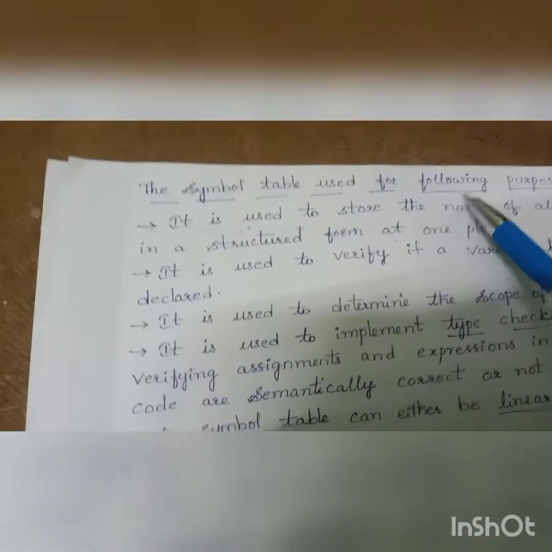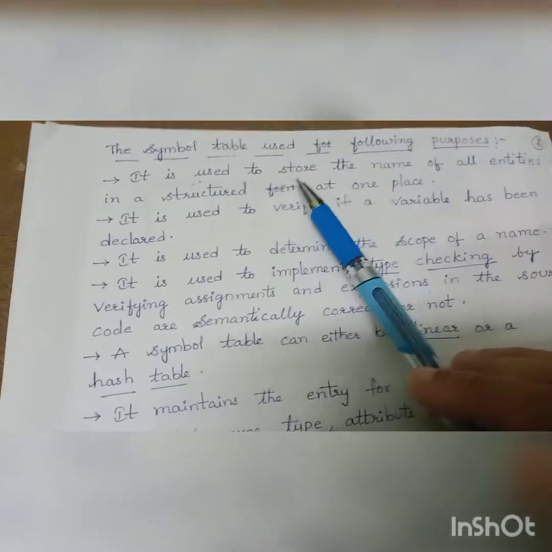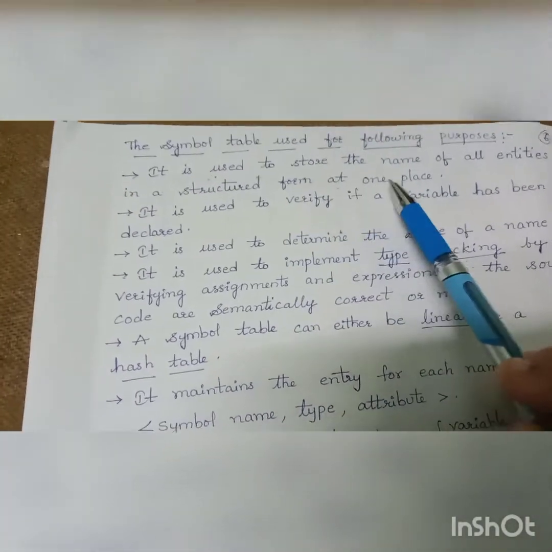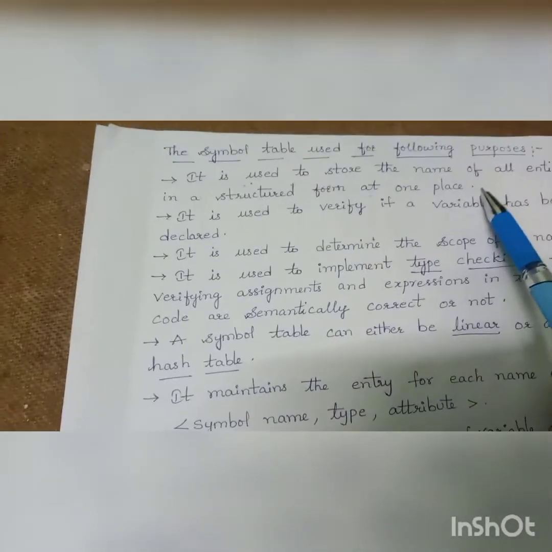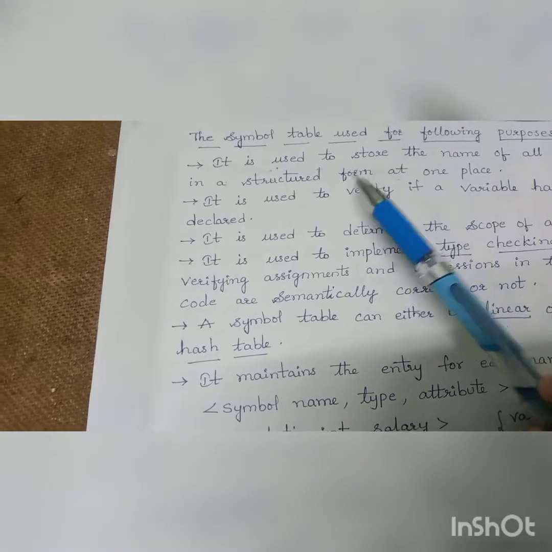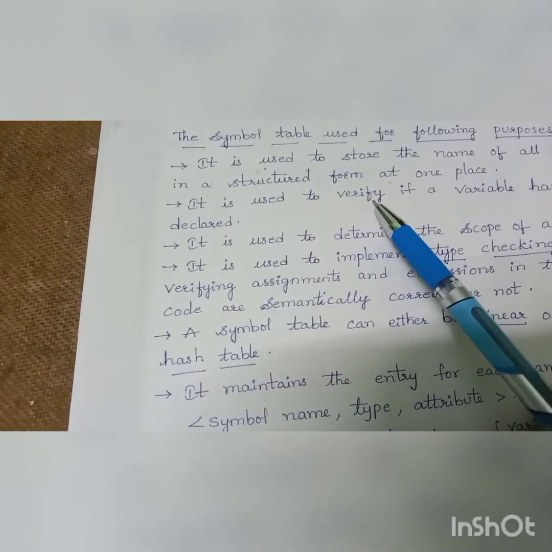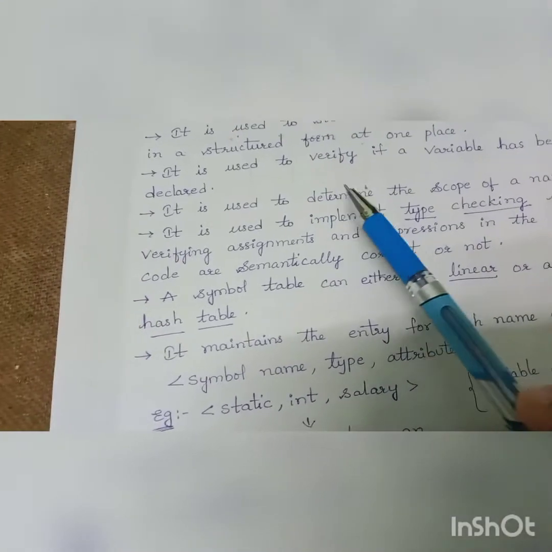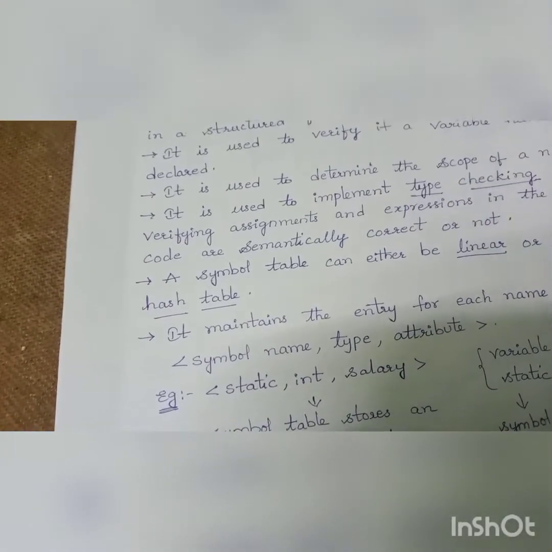The symbol table is used for some purposes. It is used to store the names of all entities in a structured form at one place. So whatever entities we have, it stores in a structured format. It is used to verify if a variable has been declared, and to determine the scope of a name.